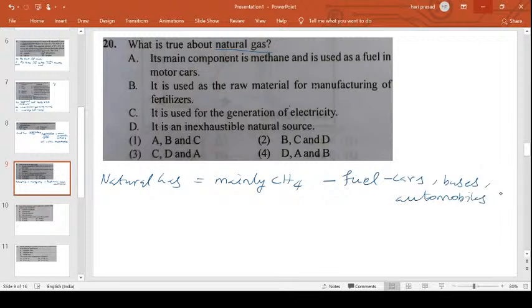Using natural gas, ammonia is prepared, and using ammonia, fertilizers can be manufactured. Natural gas is also burned, and the heat energy obtained converts water into steam.